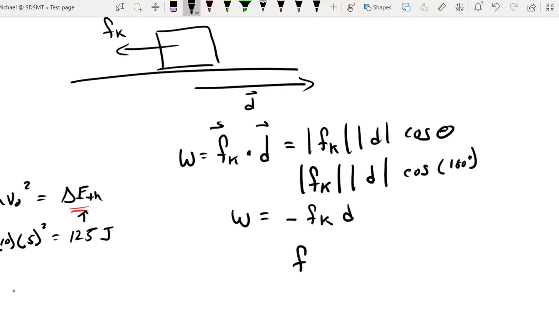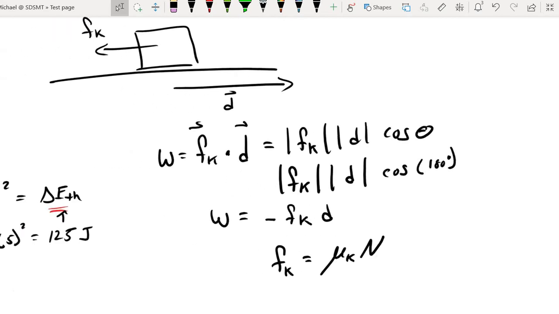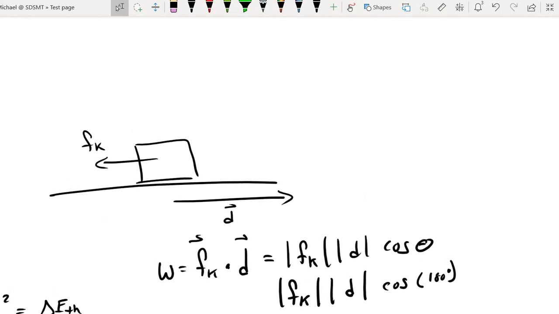If we want to take that a step further, we can grab the expression that defines kinetic friction, which is coefficient times normal force. Well, that means I need to know what the normal force is.